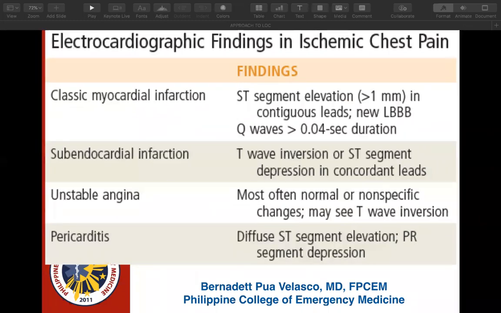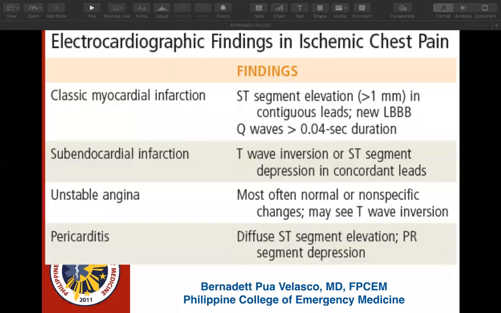Okay, so this is just a summary of the electrocardiographic findings in ischemic chest pain. If you're considering classic myocardial infarction, you should have an ST segment elevation of more than 1 millimeter in contiguous leads or a new left bundle branch block. If subendocardial infarction, you need to see T-wave inversion or ST segment depression in concordant leads.